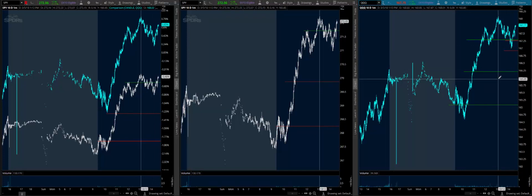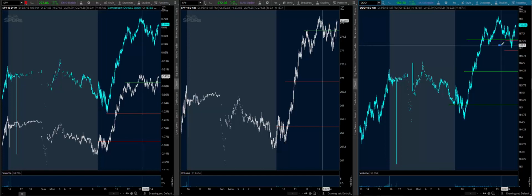Actually, you know what? Screw it. I'm going to just move everything to break even, which would probably be around, well, I'll be in a loss, but I'm going to move everything to 167. I'm going to move it to this level, 167.10.